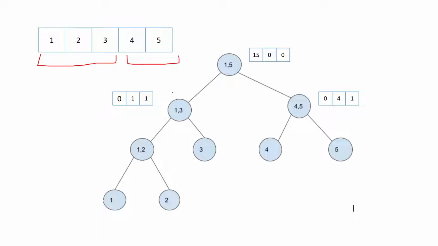This one corresponds to this node, and this range corresponds to this range. Since it is a lazy update, the sum is not yet updated, so this will remain 0. Now 1 corresponds to the initial value of the range, or the value that is to be added. This 1 means that only one operation till now has been done or needs to be propagated down to this subtree, and the sum of starting values of all these ranges is 1. You'll understand it later, I'll explain it later, but for now just get the idea.